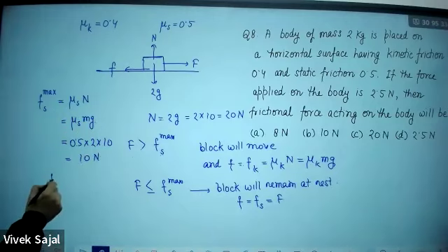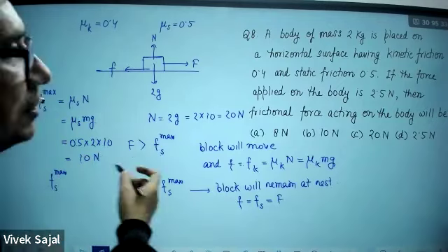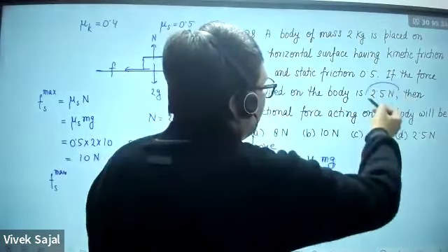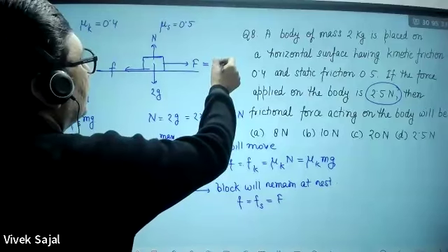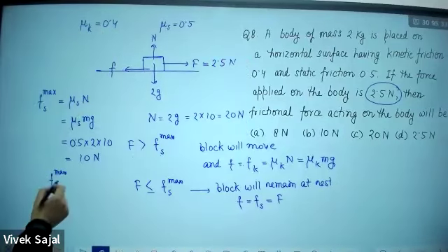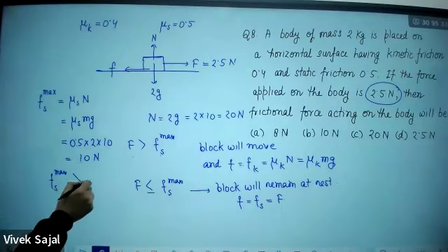So from here you can observe Fs max is 10 Newton. How much force is applied? This is 2.5 Newton. So this Fs max, that is 10 Newton, is greater than the applied force.